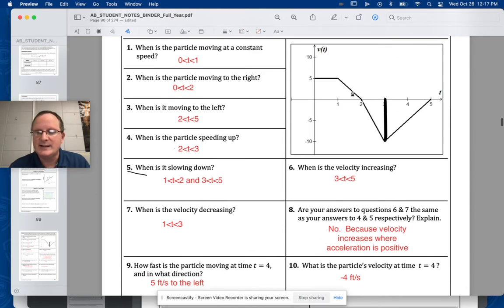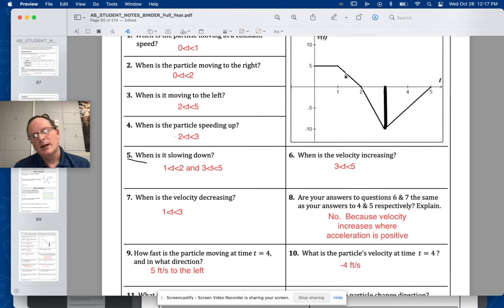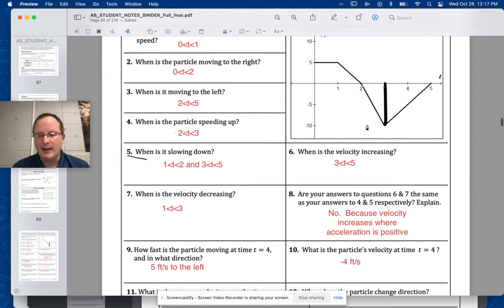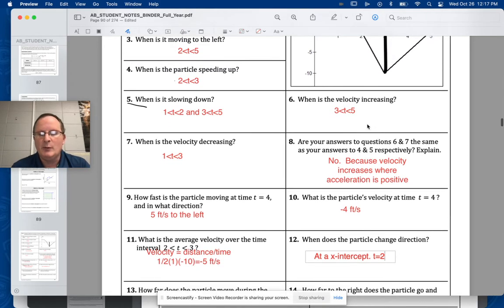It's more than just being an x-intercept. It had to cross through the x-axis. So being a little bit more specific there is kind of important. So that would be when t = 2. Because it was going to the right, and then it stopped, turned around, and went to the left. That's what that means.